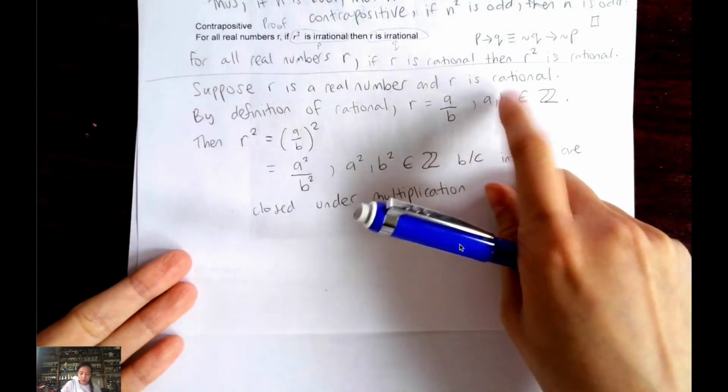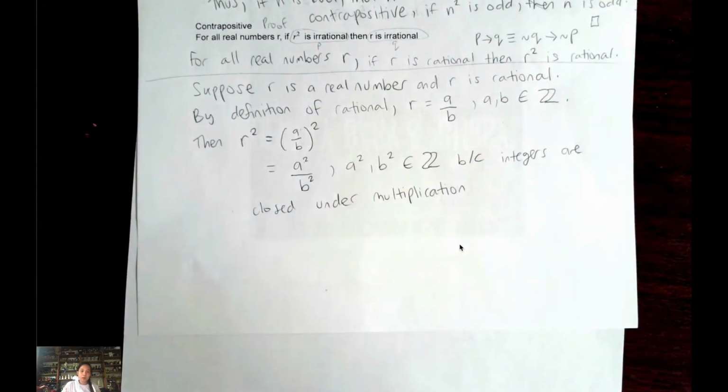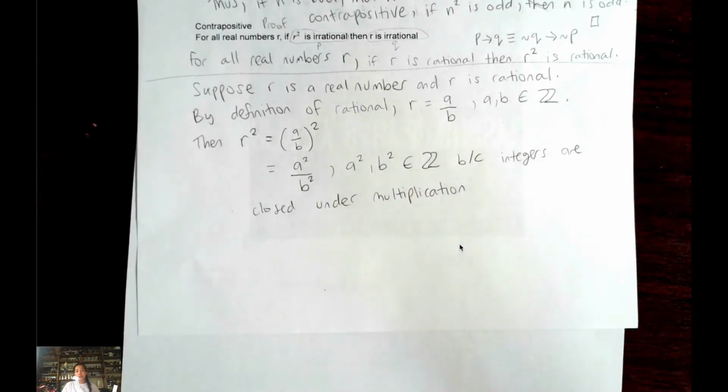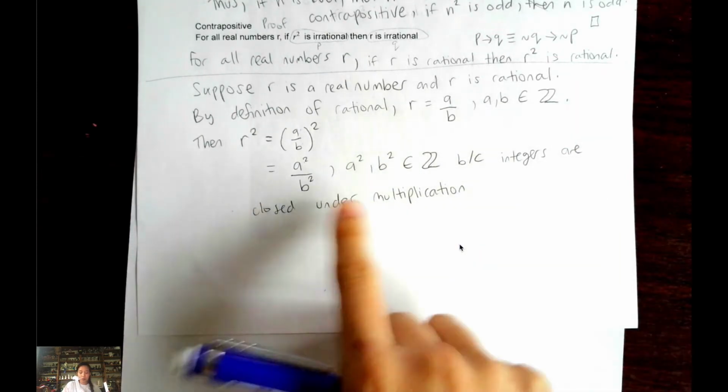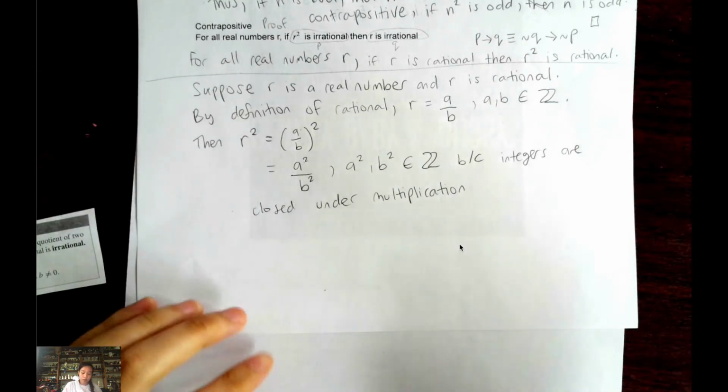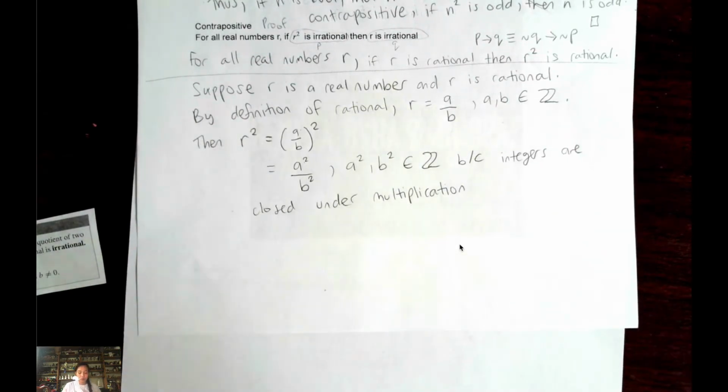So a times a and b times b are integers multiplied by each other, so that creates integers, and that's what closed under multiplication means. Likewise, closed under addition means integers added with other integers create integers. Integers are closed under subtraction means if you subtract integers, the difference is an integer. Remember that integers are not closed under division, meaning if you divide integers, that does not always create integers. So integers are not closed under division, but are closed under addition, subtraction, and multiplication.